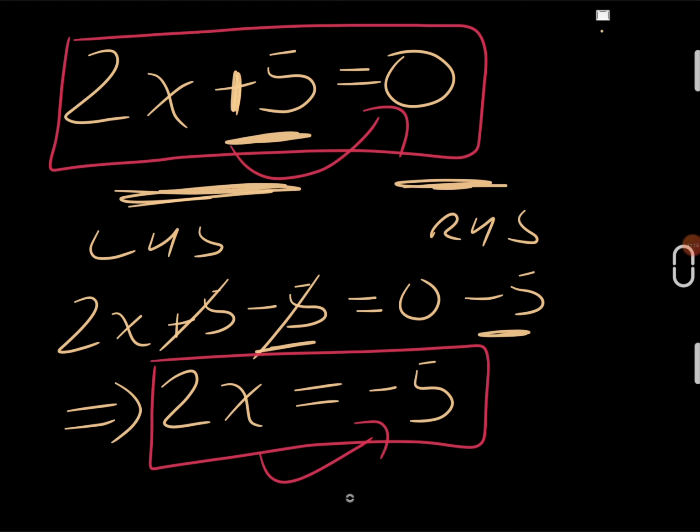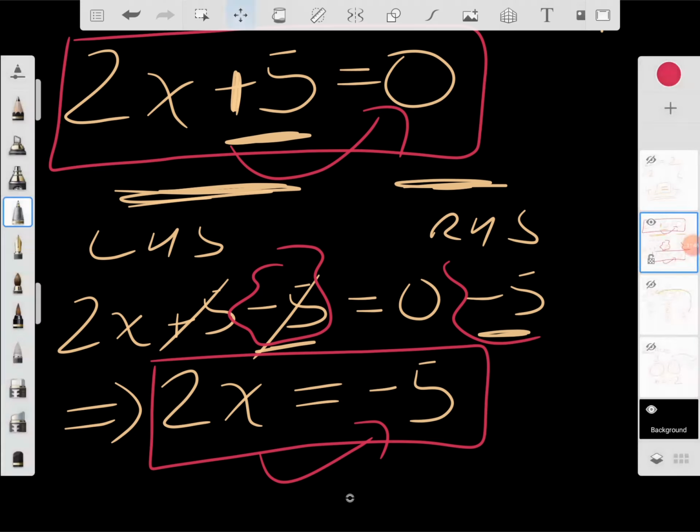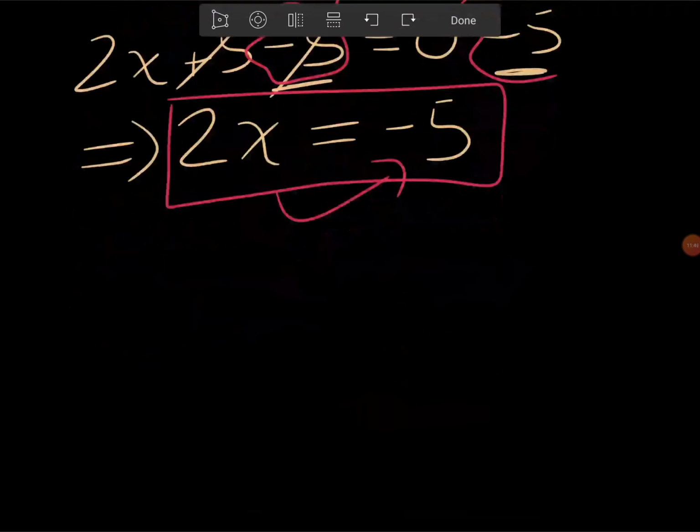It is not that 5 is jumping to the other side, but when you directly write 2x is equal to minus 5, you are actually doing all these operations, subtracting 5 from both sides and simplifying it. You're just skipping those steps and saying that the 5 goes to the other side. You're telling the other person that it's understood, so you don't have to write all that always. So that is why it happens. It's not that 5 is jumping to the other side. Now again, let me just continue. Anyways, I brought up this topic.